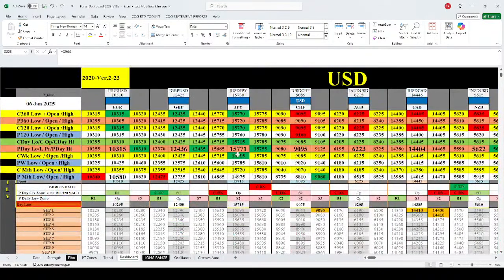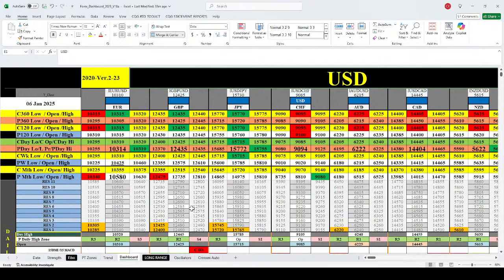Okay, then we go into the pound on the dashboard. The dashboard says current day high is higher than previous day high, current day low is higher than previous day low. So we should be expecting to push higher towards 12540 and 12610.